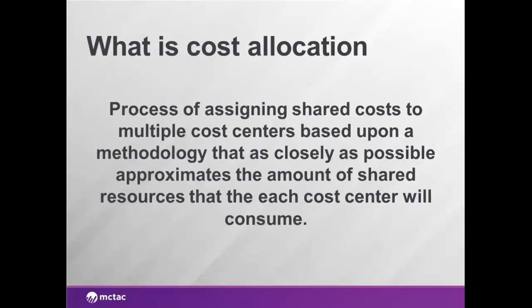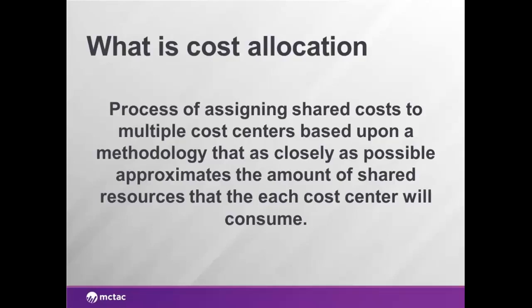So the key operational phrases here are shared costs. That is a cost of a resource that is shared by more than one program. A methodology that as closely approximates the amount of shared resources that each cost center consumes. So it's a methodology. It's a method, a plan.